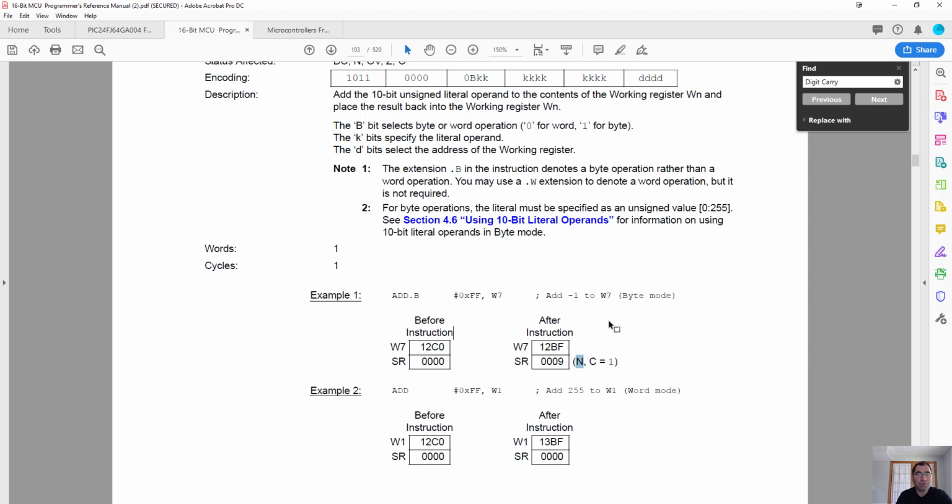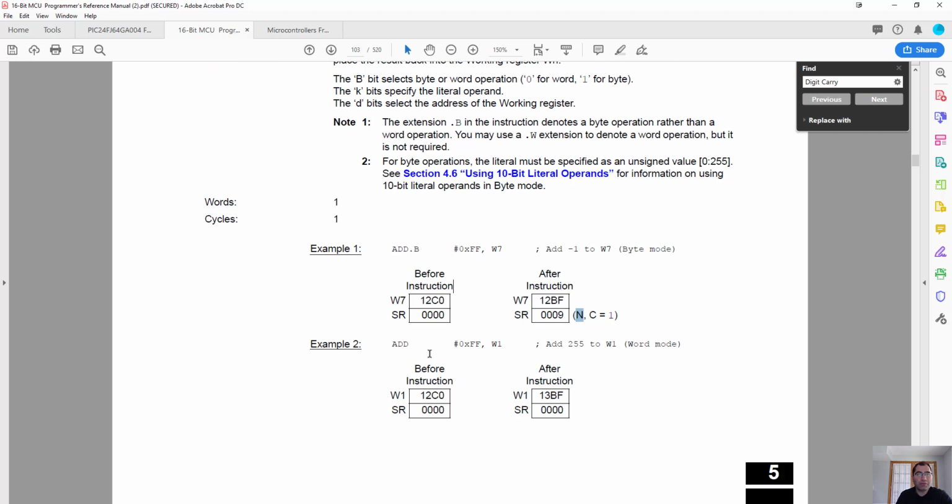Hopefully this helps. So for this one, if this is an add operation, the same operation, but if it is a word operation, FF is not -1.